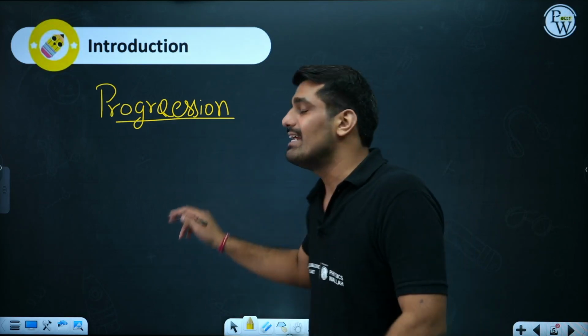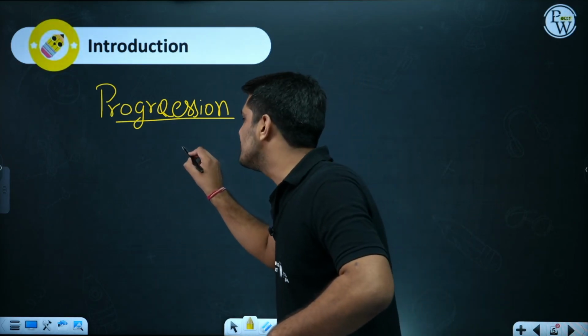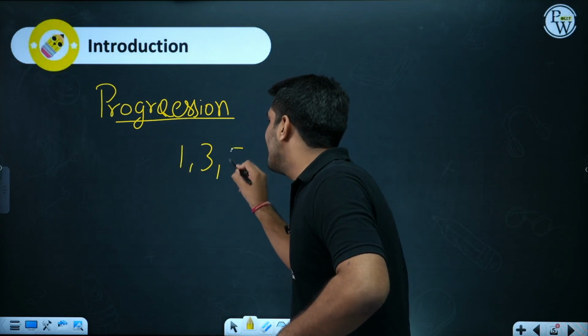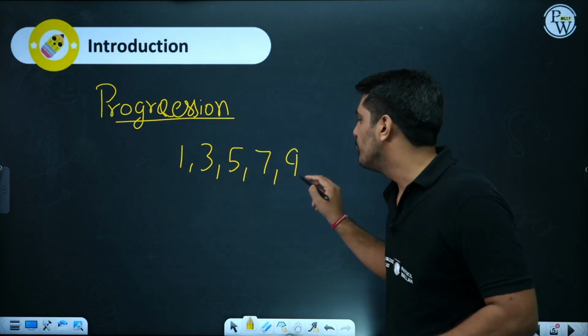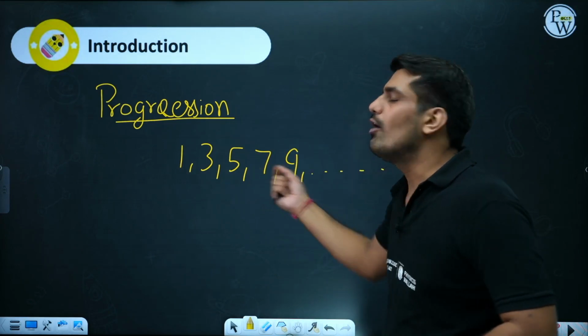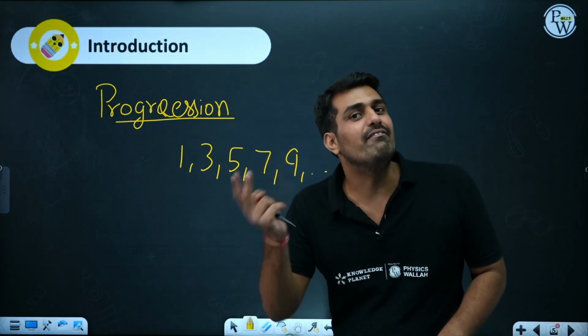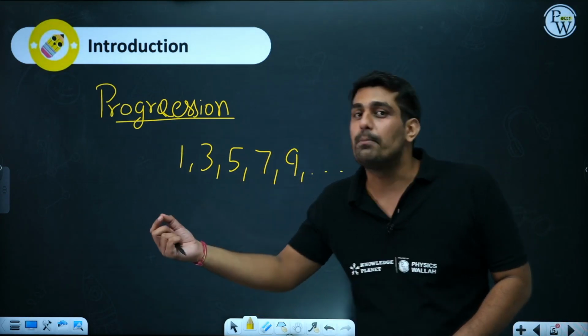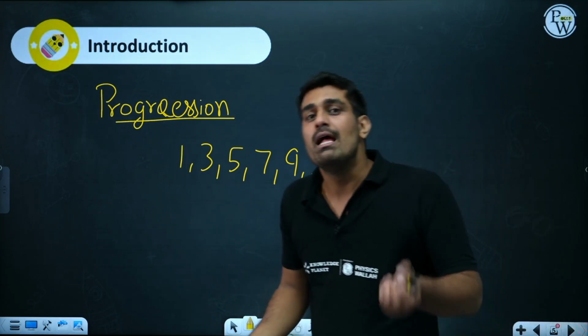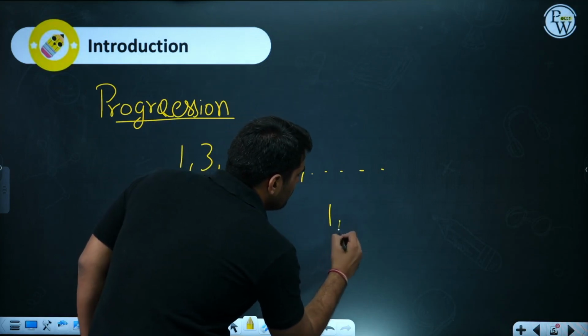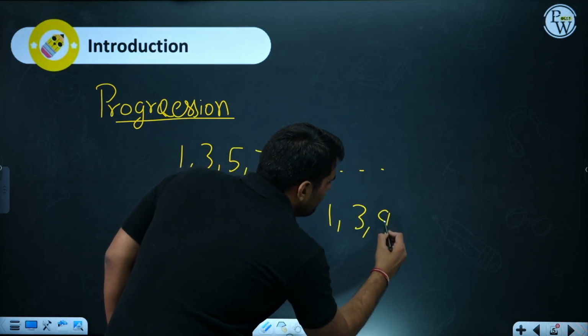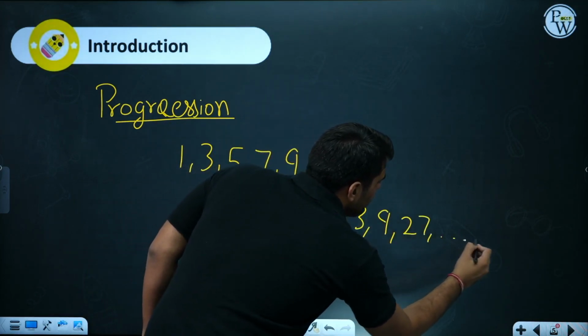So for progression, if I write the terms like 1, 3, 5, 7, 9, all these terms have one thing in common. In each following term, we are having 2 added. If I start subtracting 2, that will also be fine. In a similar manner, if I write another progression, let's say 1, 3, 9, 27, what is happening over here?